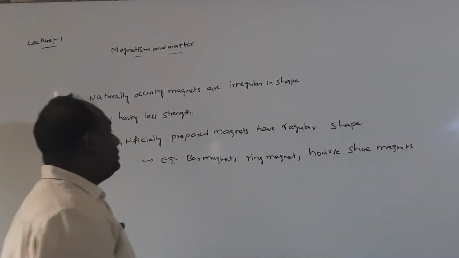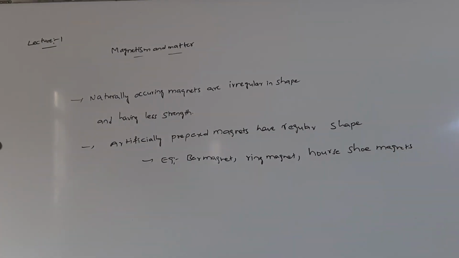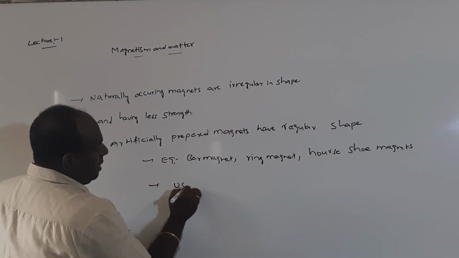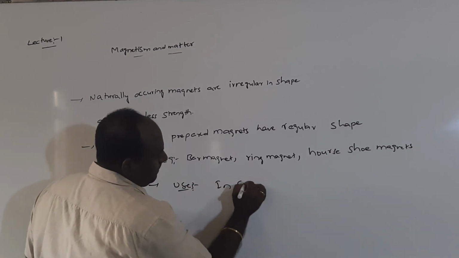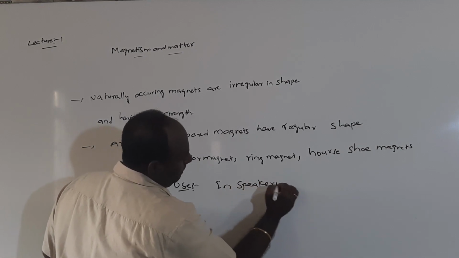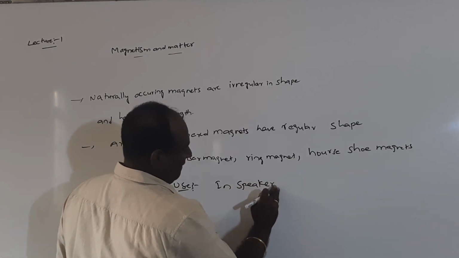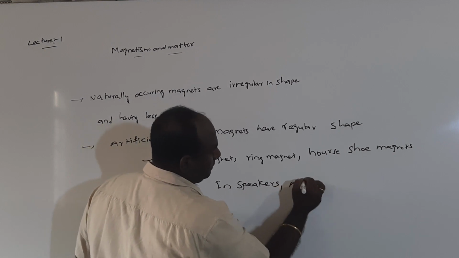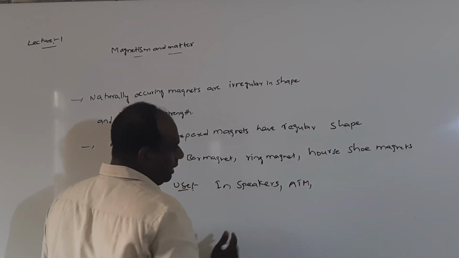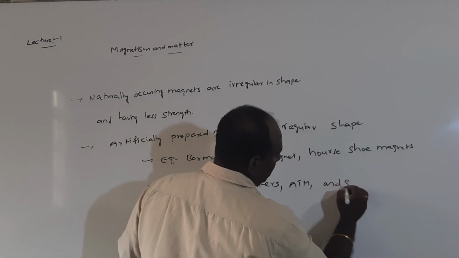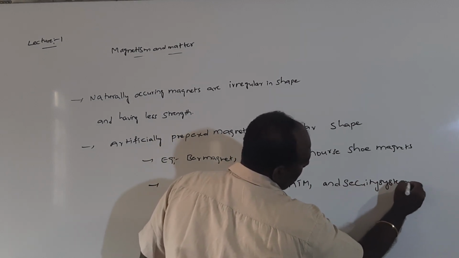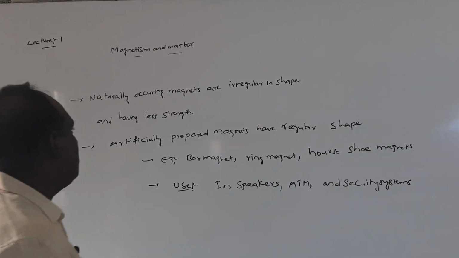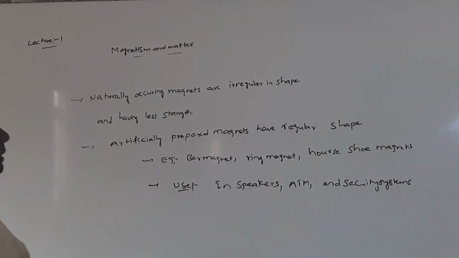Where can they be used? Best uses: magnets are used in speakers, ATMs, and security systems. This is about applications and introduction.